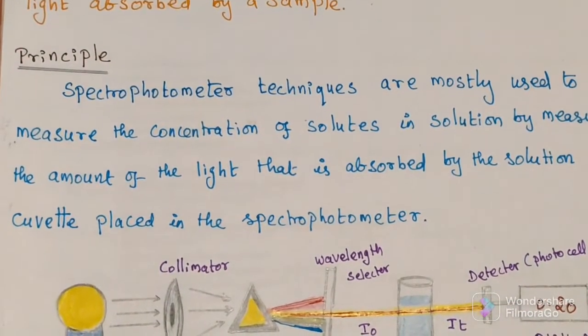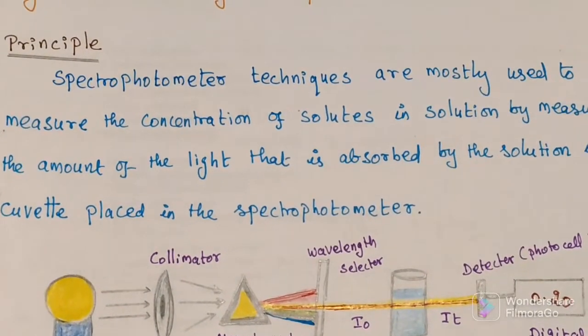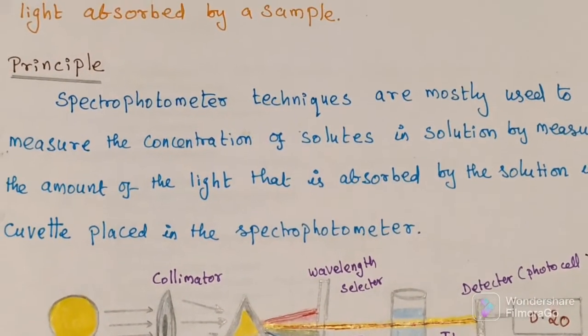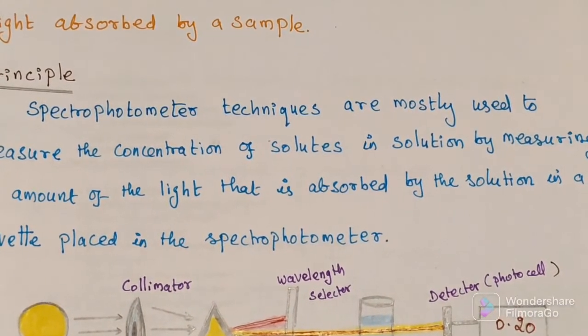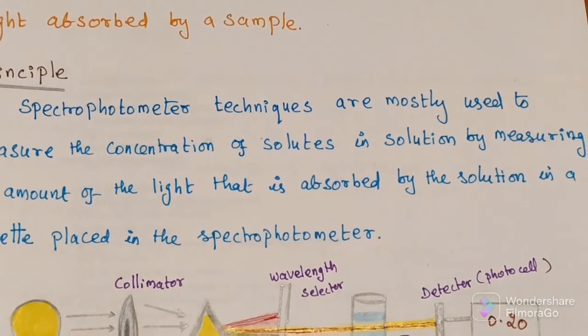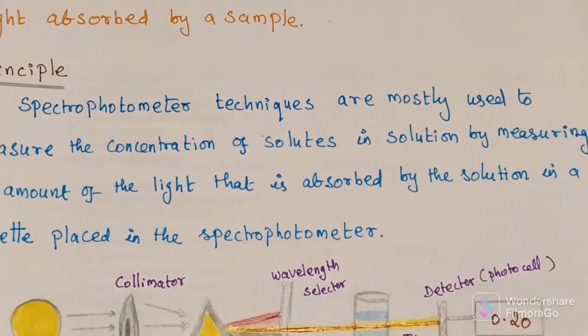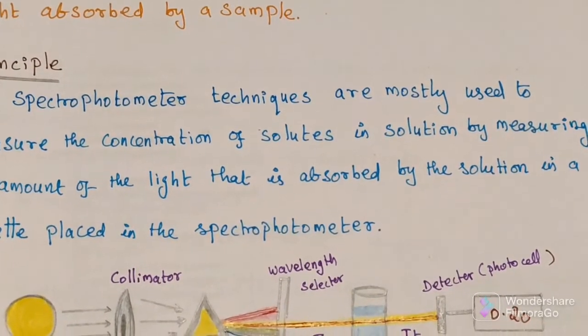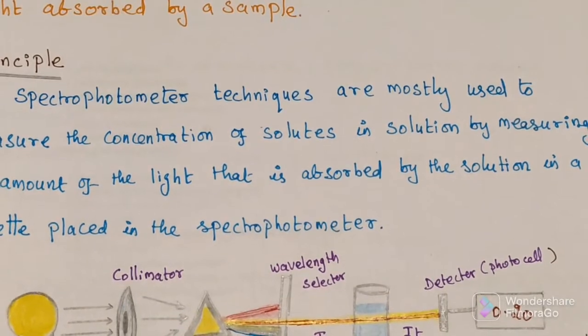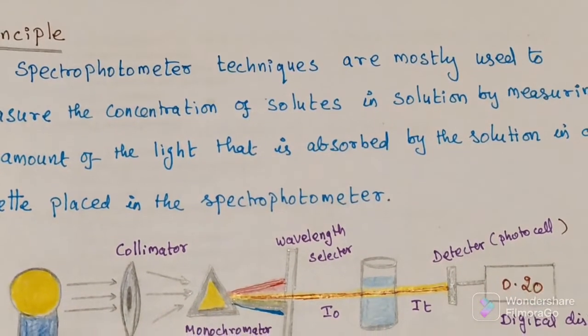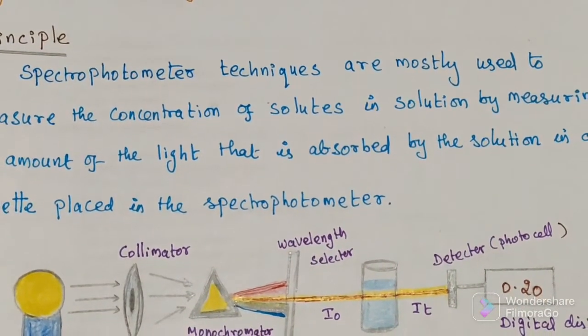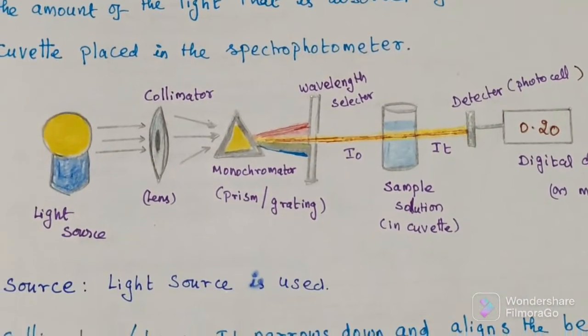The spectrophotometer measures the amount of light absorbed from that sample. The concentration of solute is directly proportional to the amount of light absorbed from the sample. If the concentration is high, the absorption of light is also high. So this is the way we measure our sample.